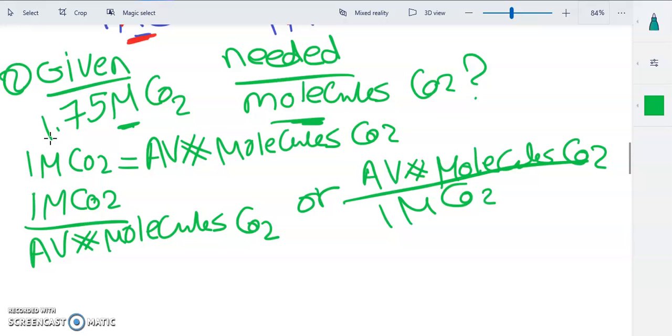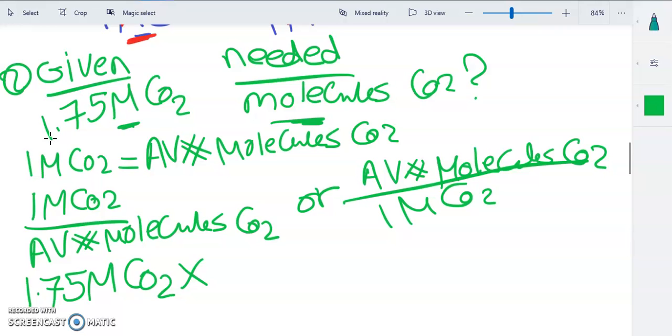Okay, now we start with our given here. To set up our equation, 1.75 mole CO2 times, we need to get rid of moles CO2, and that's on the bottom, the denominator.